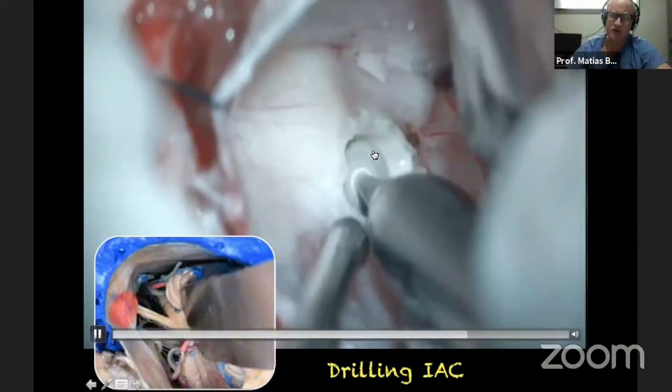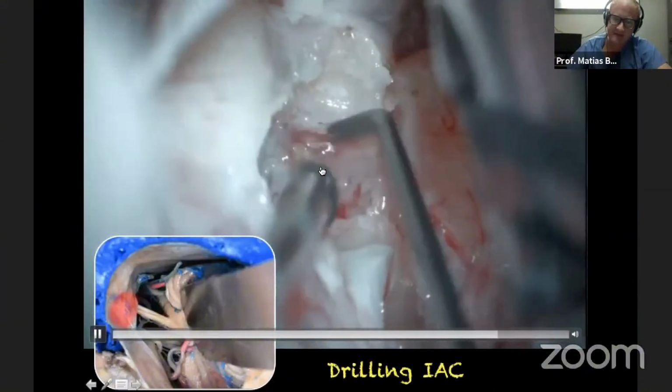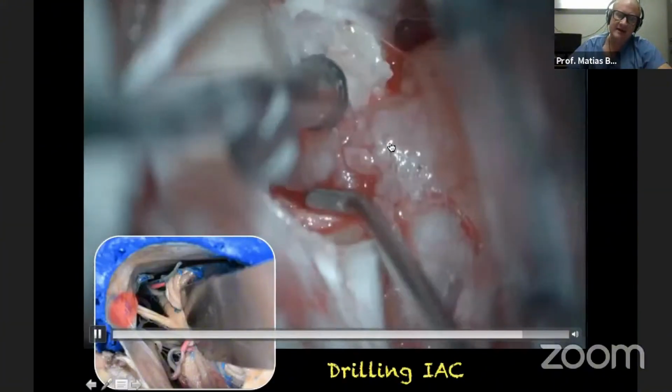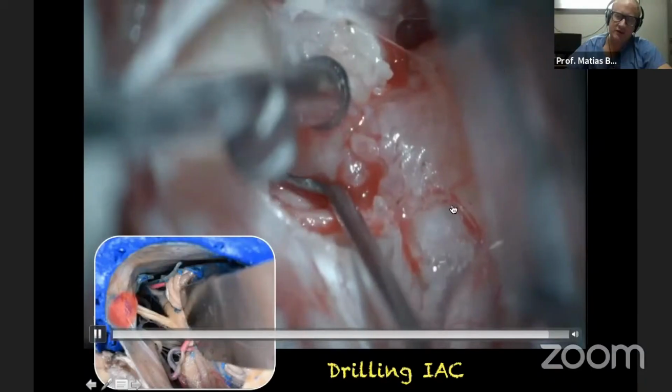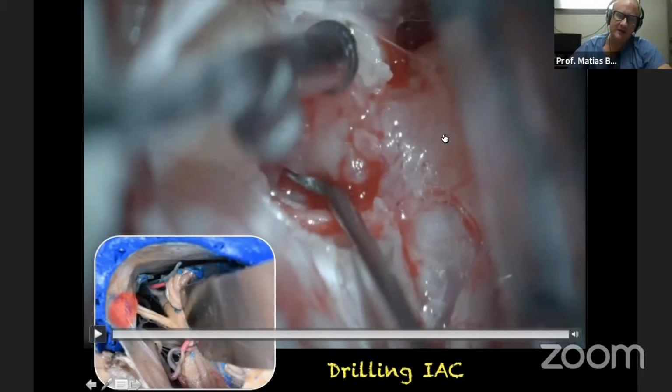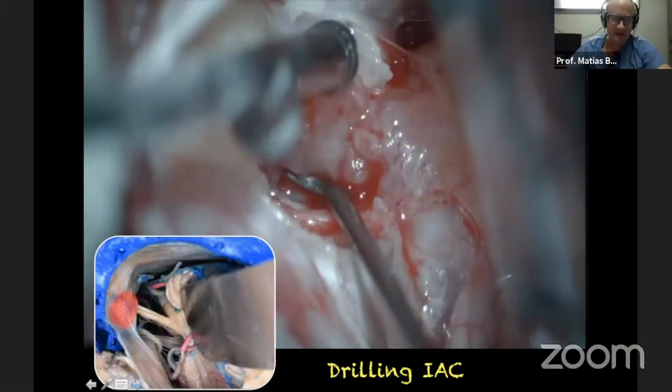We prefer to decompress the nerve firstly, and after to work on the whole tumor in order to avoid more damage to the small fibers of the facial nerve, especially inside of the auditory canal.